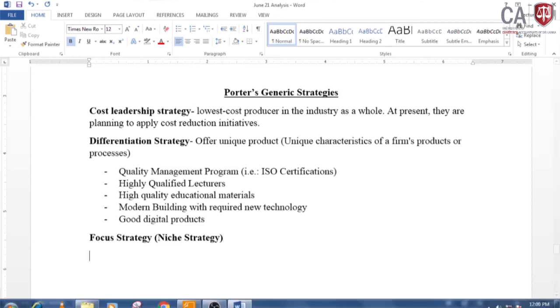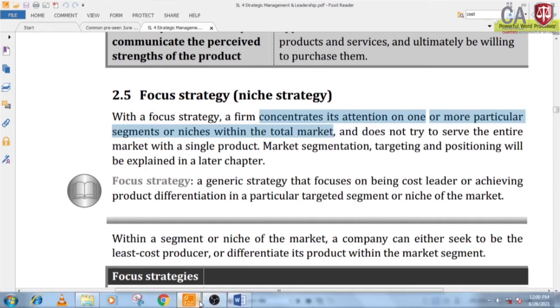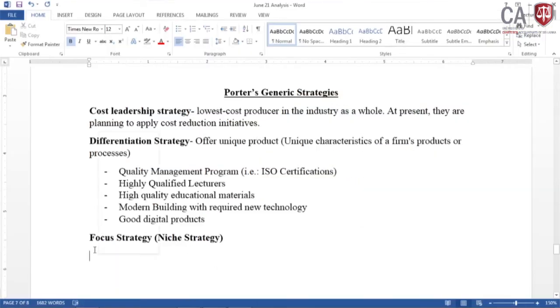So in India, what we are trying to do is concentrate on one particular segment or niche within the total market. I think that may be more suitable for them. They can identify the areas where they can focus more.